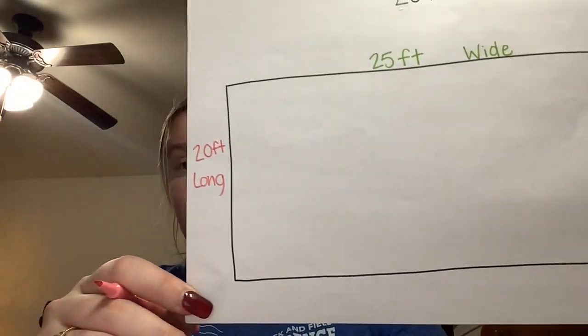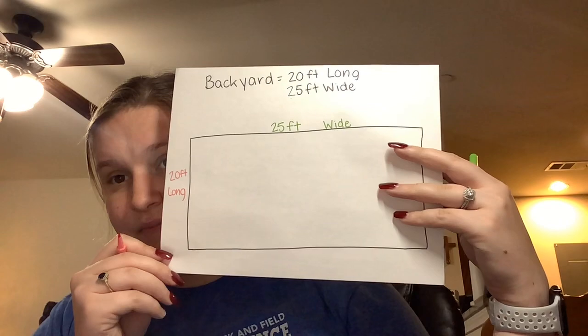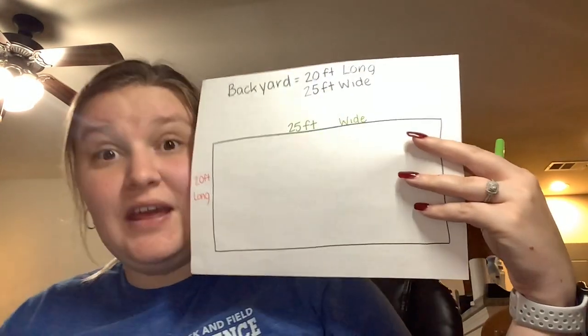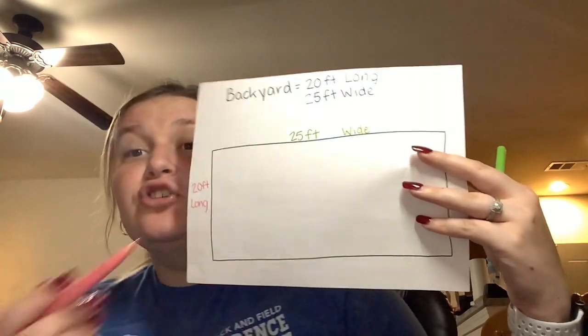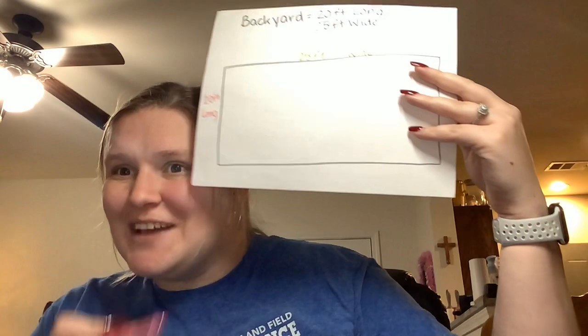So, we have 20 feet long and 25 feet wide. So, what did we just say? The top and the bottom are the same. So, let's go ahead and write this number down here. That way we know all the sides, right?